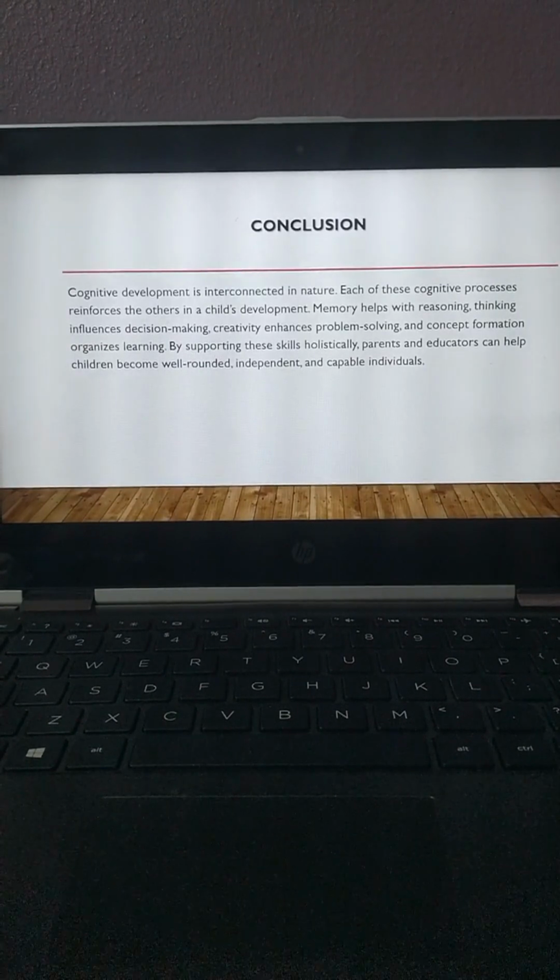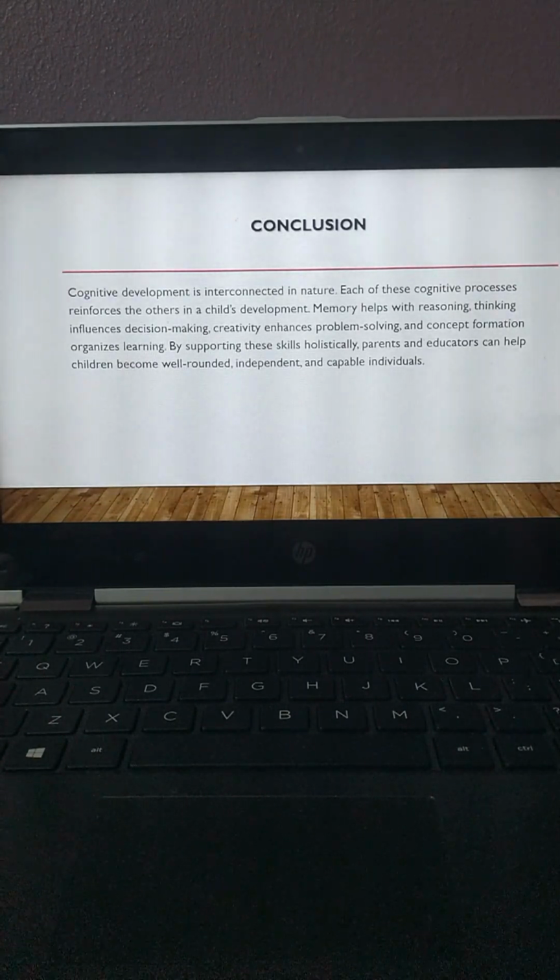The conclusion: cognitive development is interconnected in nature. Each of these cognitive processes reinforces the others in child's development. This means that all the cognitive processes that we treated earlier are interconnected and they are interdependent.